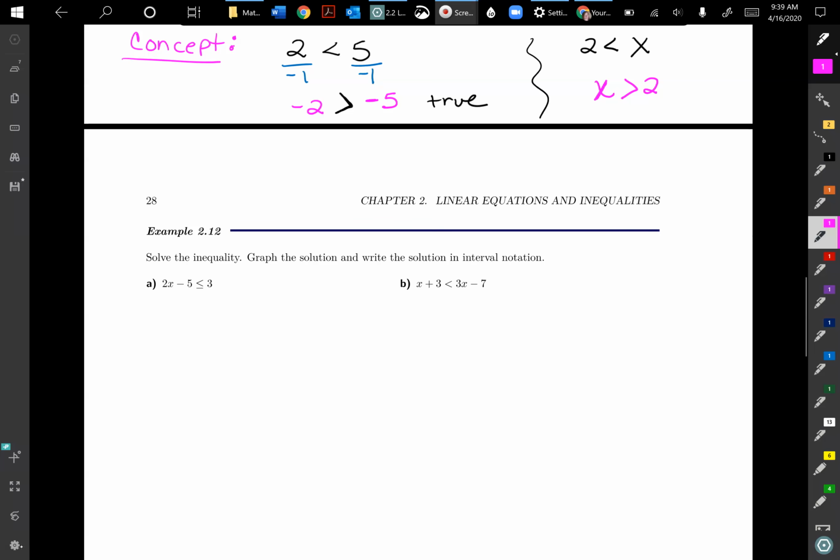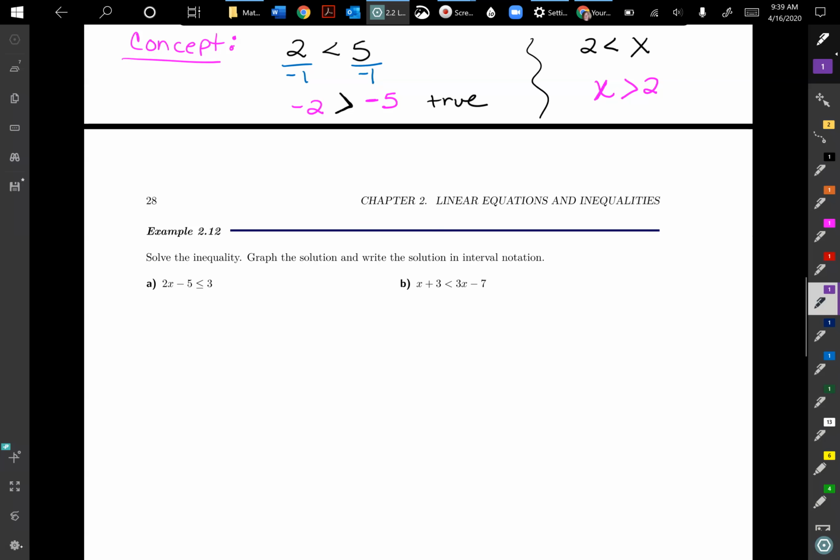All right, now moving on to page 28, 2.12, solve the inequality. Graph the solution and write the solution in interval notation. So now we're combining a bunch of skills. For part A, we're just going to add 5 to both sides. It's the same way we would solve it if there were an equal sign.